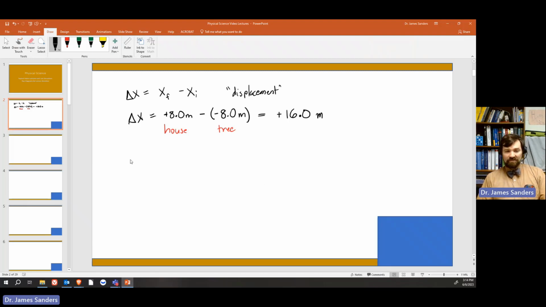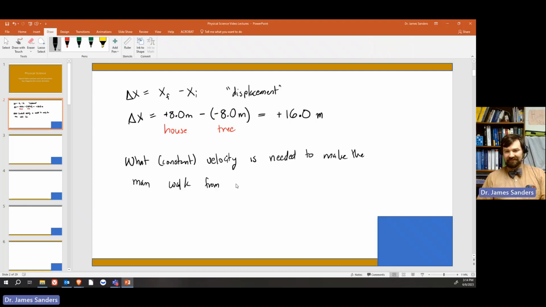Now, recall that the question was, what speed, and really it's a velocity because there's a direction as well, is needed to make the man walk or run from tree to house in 4 seconds. You'll recall that velocity is defined as the rate of change of position, or in other words, the displacement per unit time, delta x over delta t.